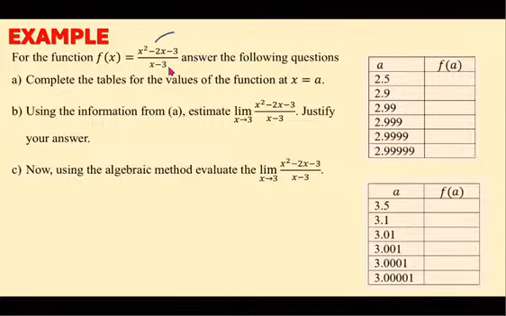So that is the value of the function at 2.5, which is equal to, we have x squared, so it will be 2.5 squared, and then minus 2x, 2 times 2.5, then we have a minus 3, over x minus 3, so we are plugging in 2.5, so 2.5 minus 3.